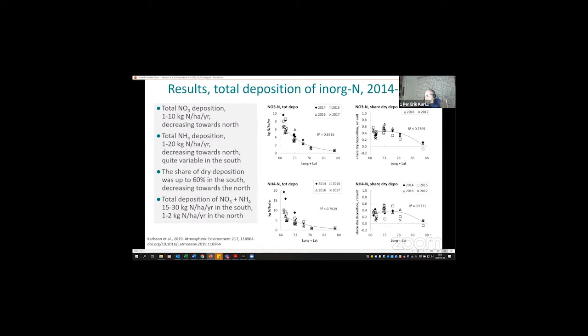And then the deposition declines towards the north. In the far north, we have about 1 kilogram nitrogen deposition per hectare per year for each of nitrate and ammonium. And also the share of dry deposition decreases towards the north. So in total in southern Sweden, we have a deposition of between 15 and 30 kilograms of nitrogen per hectare per year to these Norway spruce forests when we sum the dry and wet deposition.